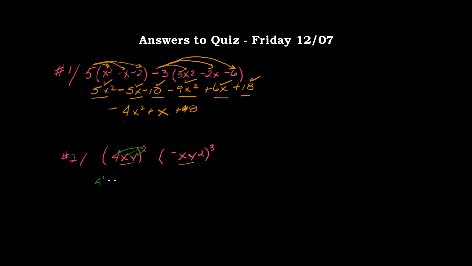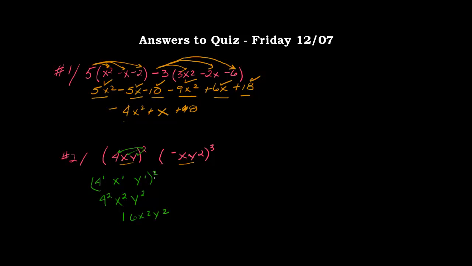This is 4 to the 1 times x to the 1 times y to the 1 all squared. And this is equal to 4 to the 1 times 2, which is 2, x to the 1 times 2, which is 2, and y to the 1 times 2, which is 2, which is 16 x squared y squared.